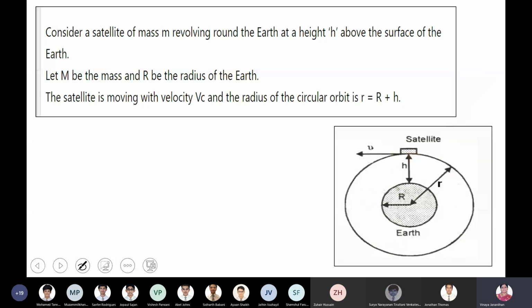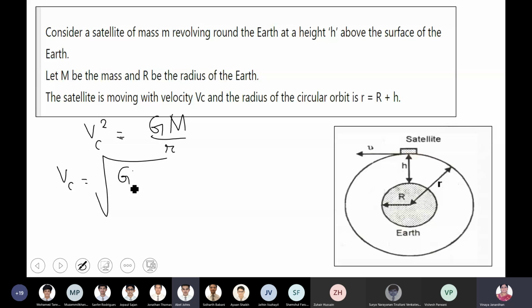G capital M divided by small r. Okay, then what is Vc now? Root of GM by r.